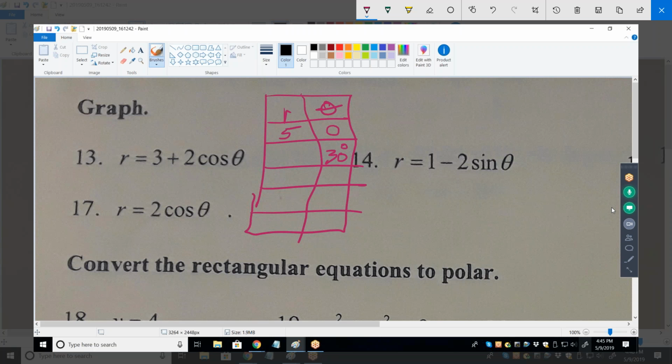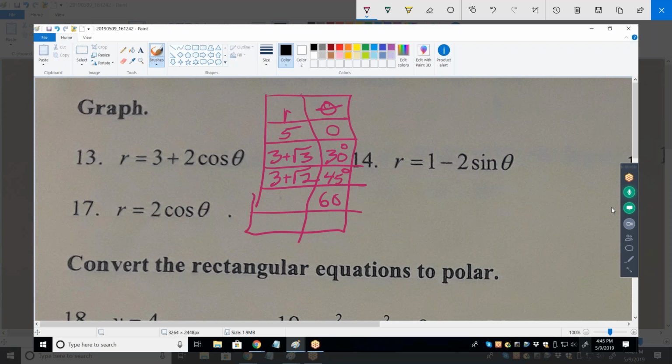So 3 plus root 3. Next common angle is 45 degrees. What is r? 3 plus root 2.